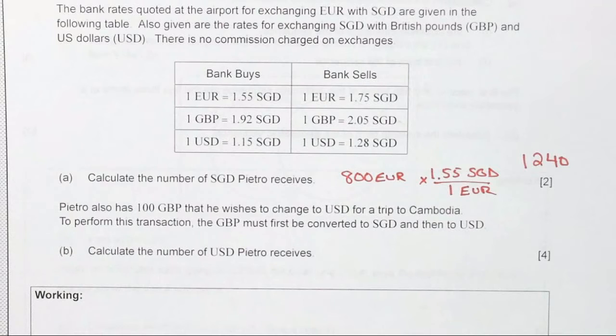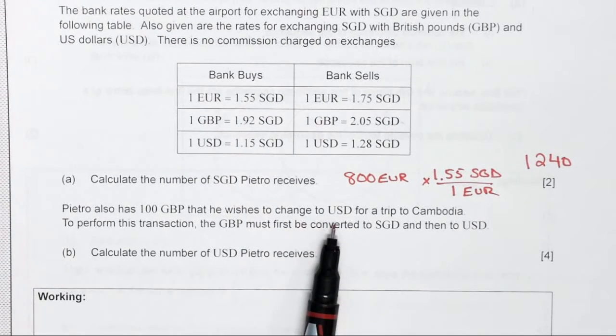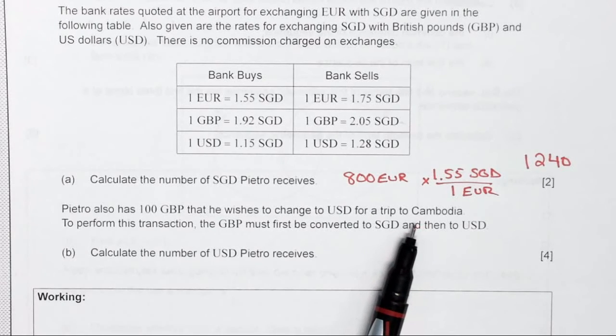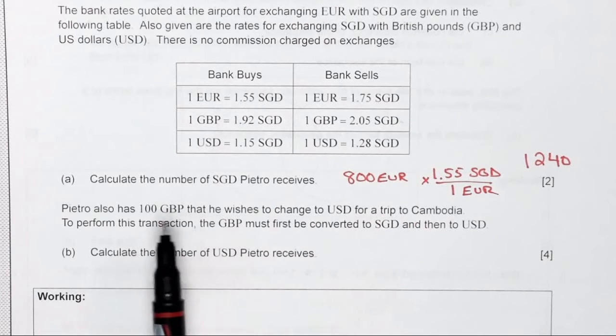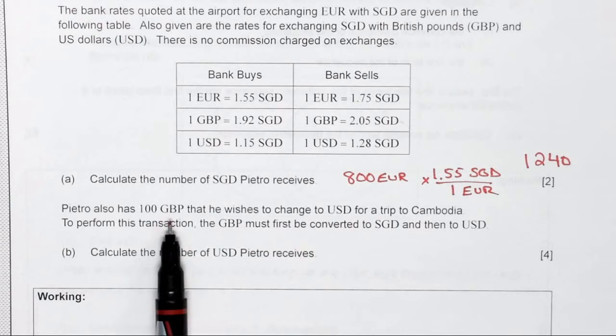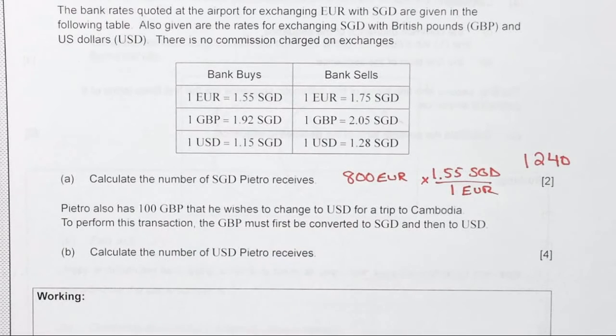Pietro also has 100 British pounds that he wants to change to US dollars for a trip to Cambodia. Okay. So where's he starting with? Can he go directly from the British pounds to the US dollars?